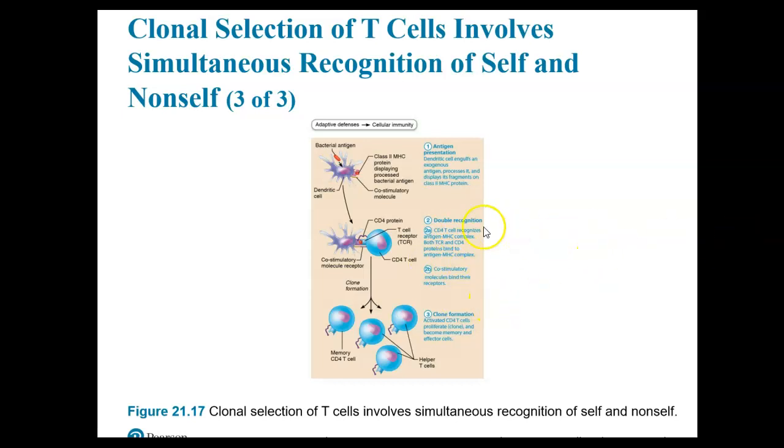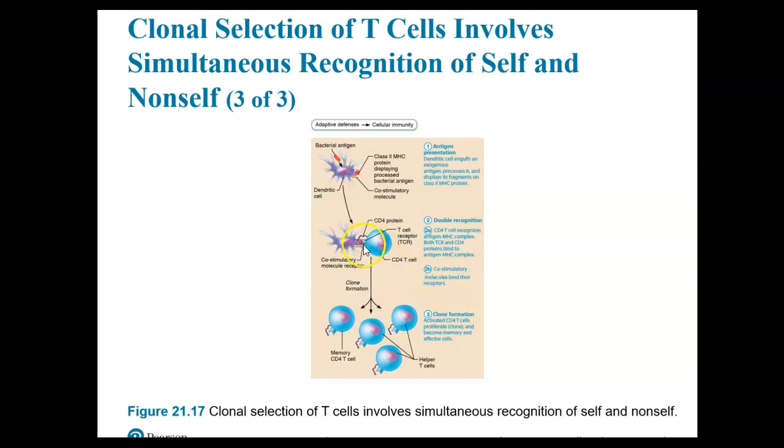So the first part is that the CD4 T cell recognizes the antigen MHC complex. And the T cell receptor binds both to the antigen complex and that co-stimulatory molecule there. And then the co-stimulatory molecules bind.